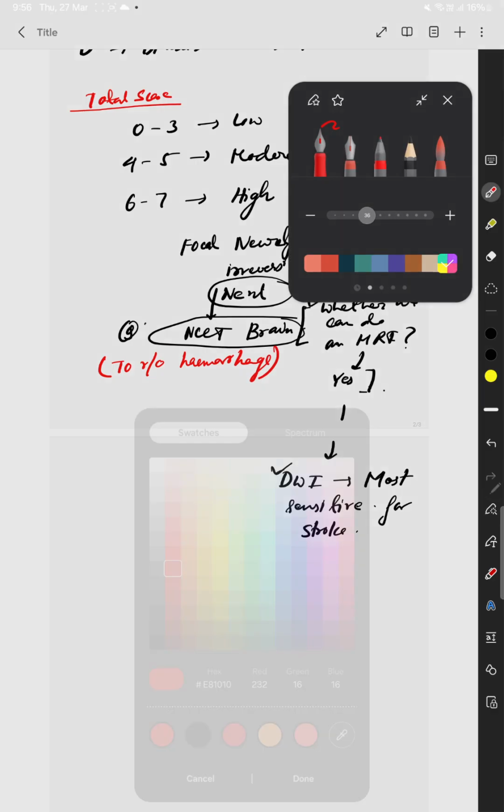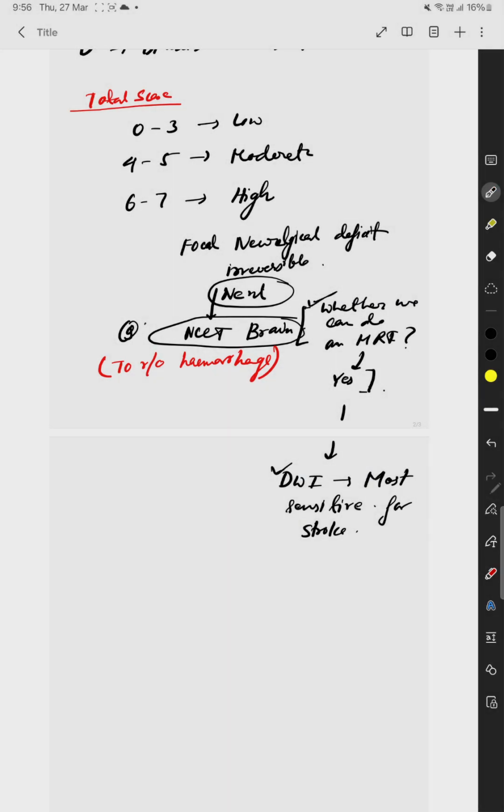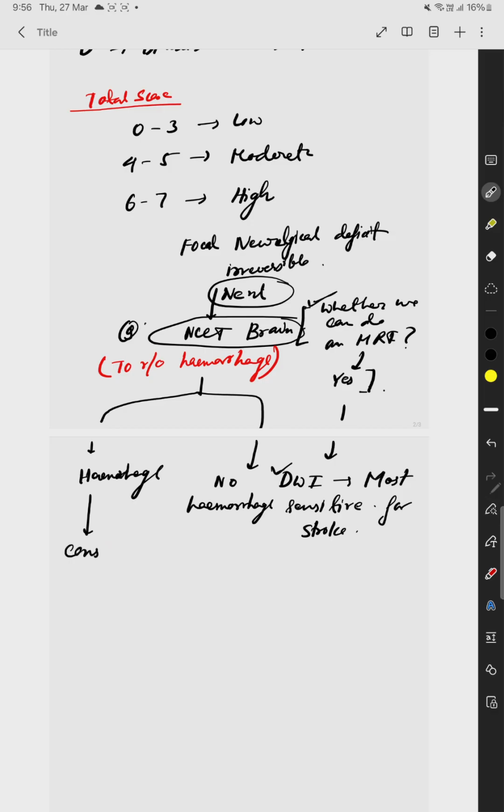So after that, we have to see whether there is hemorrhage or no hemorrhage. If there is hemorrhage, then we go for conservative management.